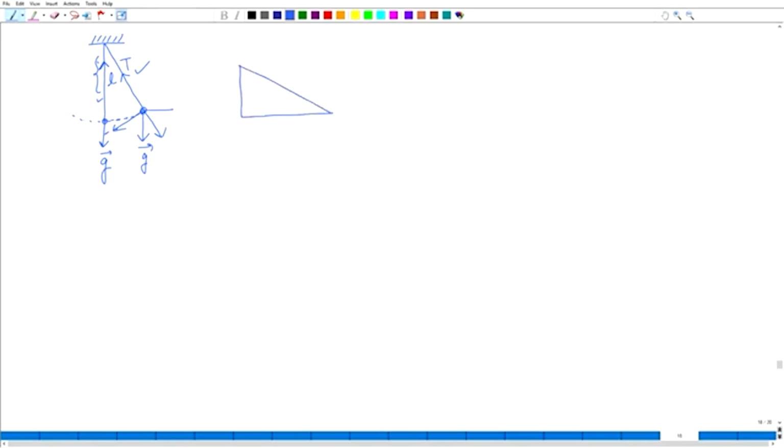I am just going to another example, which is a particle moving along an inclined plane having an angle theta with the horizontal. Here, the holonomic constraint is that the particle is always in contact with the inclined plane. What is the force associated with this constraint? That is the reaction force given by this surface to this particle.